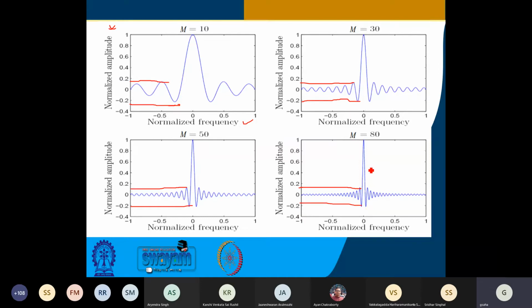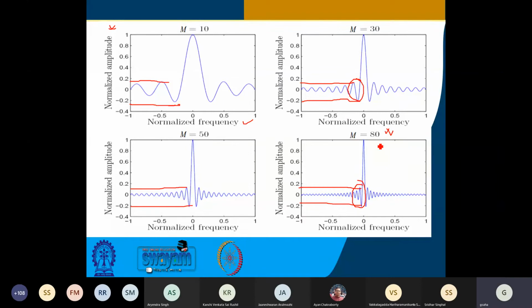So this is something important for us to observe here, that a mere increase in filter order is not going to solve this problem, whatever problem might arise because of the presence of this.